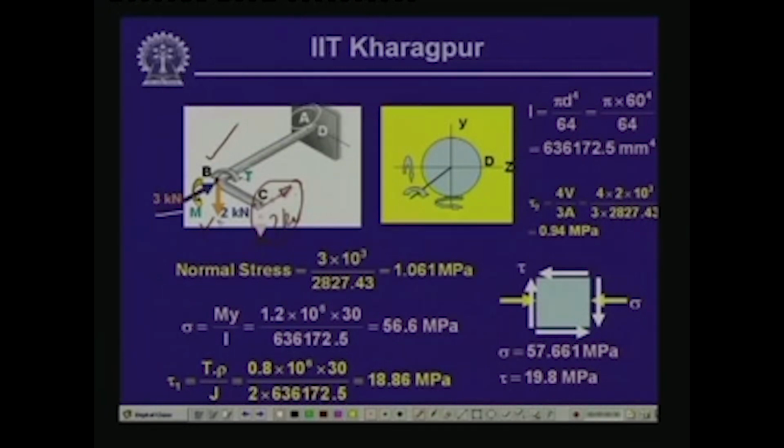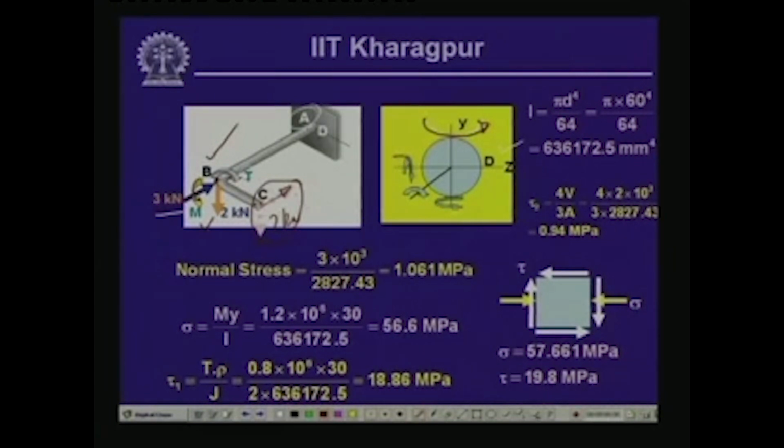Now, the vertical load of magnitude 2 kilonewton acting at point B is also going to produce a bending moment at A. If we look into the cross section, you will find that load P will cause a bending moment about the Z axis. Already we have a moment M which is acting about the Y axis.